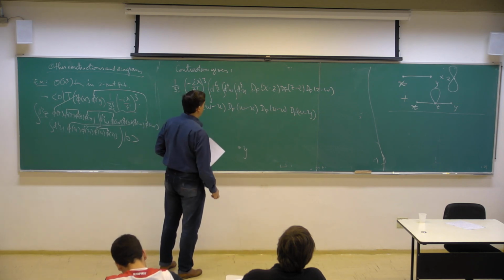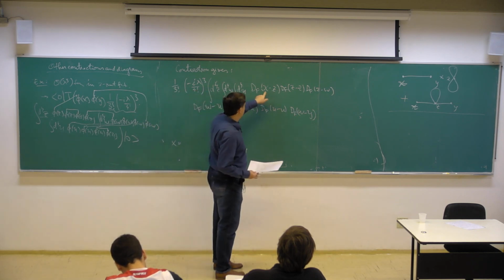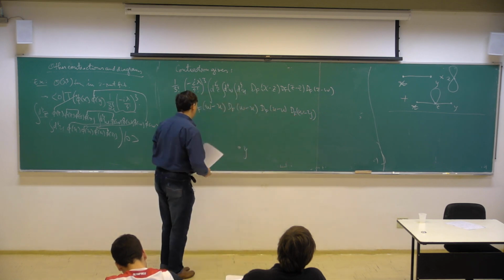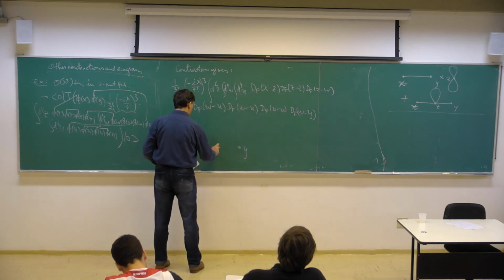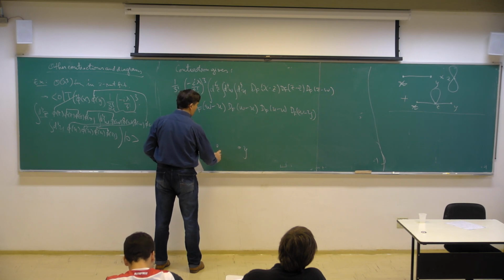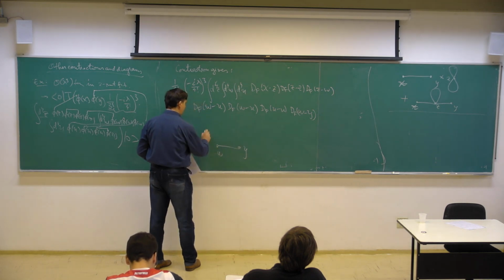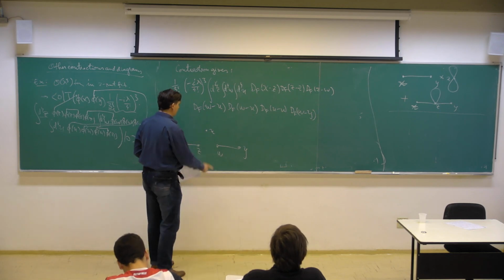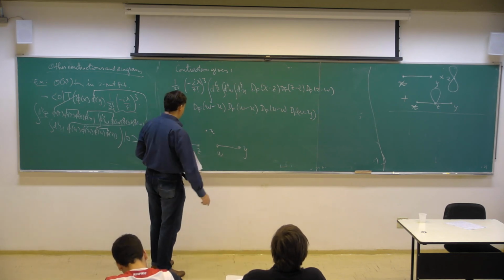But Z is connected to an external point and W is connected to an external point, whereas U is not. So let me write it like this. So Z connected with what? With X. Then W is connected with Y, but U is not. Okay?